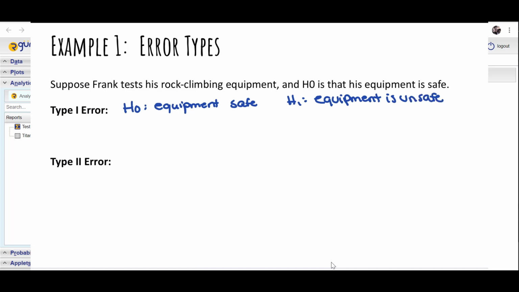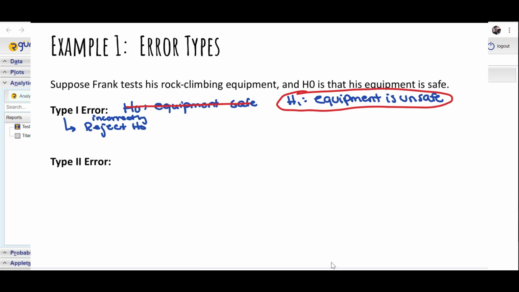All right, so type 1 error means you incorrectly reject the null. So this is what we're doing. We're rejecting the null. And if we reject the null, that means we have enough evidence to conclude the other statement.